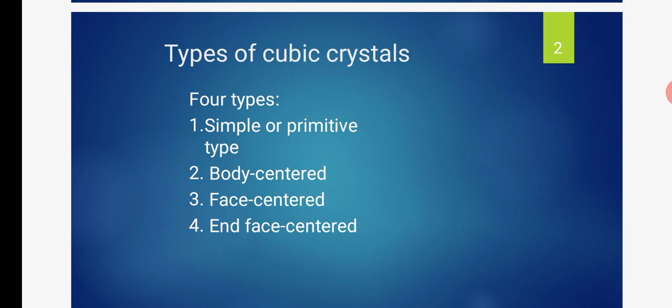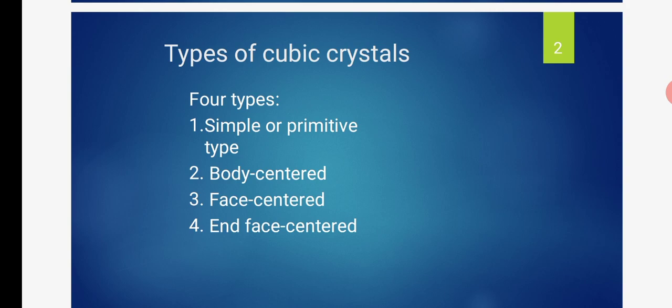one molecule or atom or sphere is situated at the center of the cube, and such type is called body centered cube. I can show later the figures of simple, body centered, face centered, and end centered cubic lattice. Third type is face centered cube.